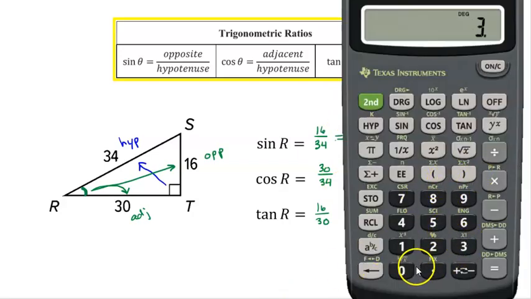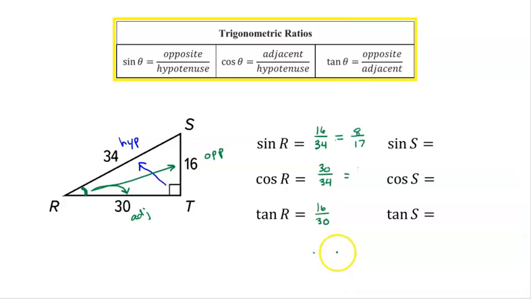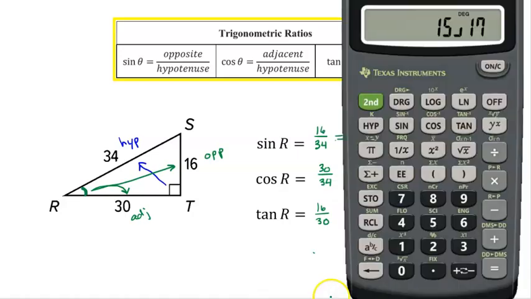So now we've got 30 divided by 34, second F to D, 15 over 17. And for our last one, we have 16 divided by 30, and we have 8 over 15.